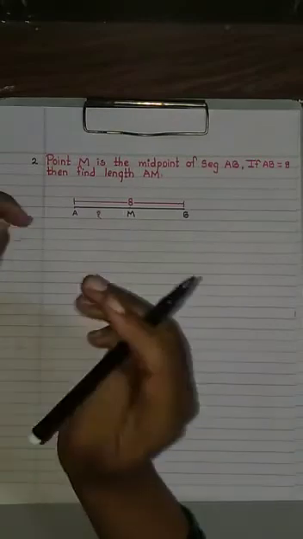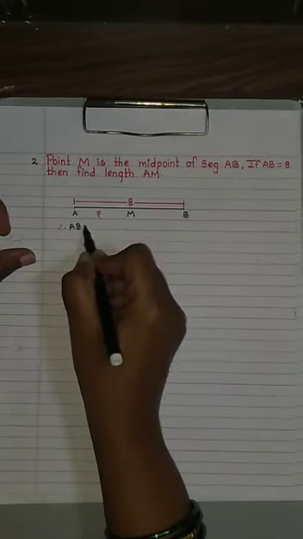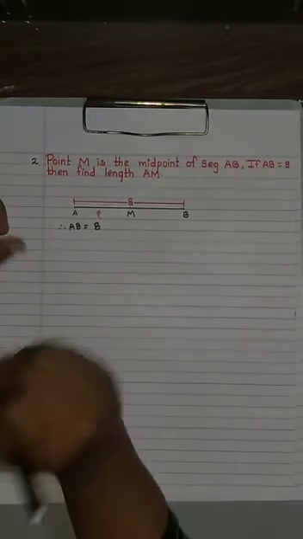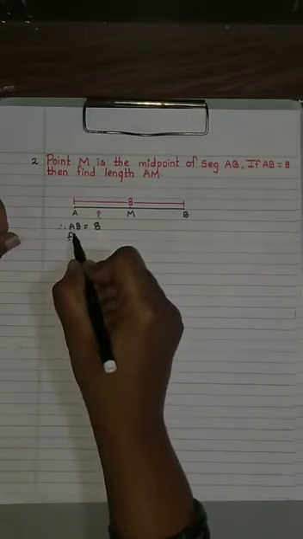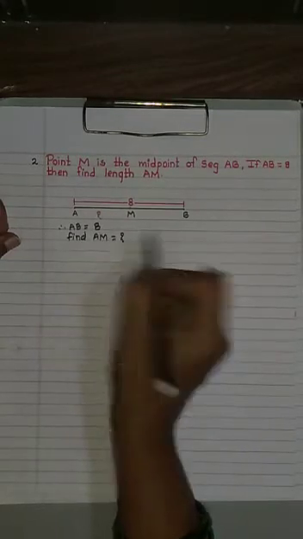Therefore, you know that AB is equal to 8 and we have to find AM.